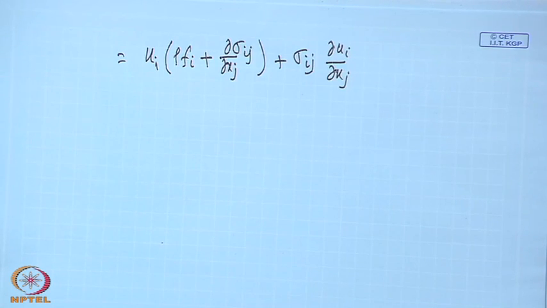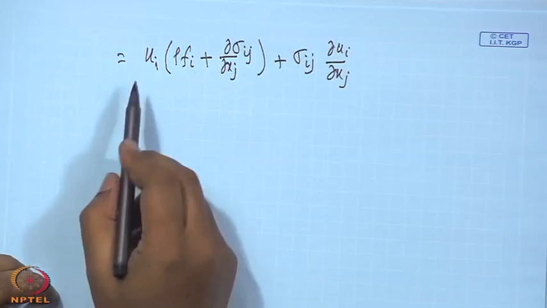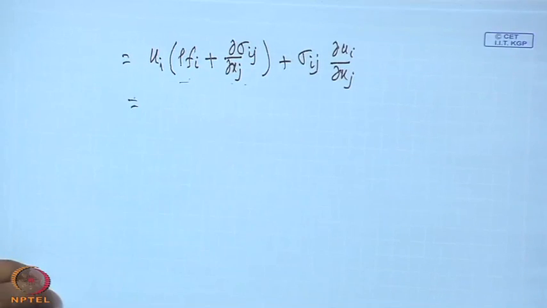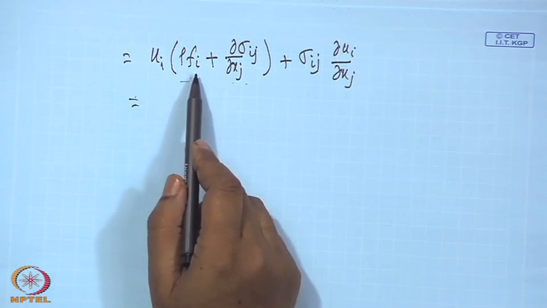The first term is the work done by the body force. Let us complete it first. What is this, rho f_i plus d sigma_ij by dx_j? Look back to the Navier-Stokes equation, the most general form, where we have not replaced sigma_ij.